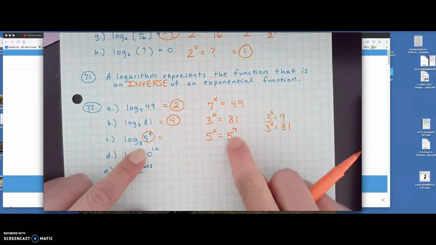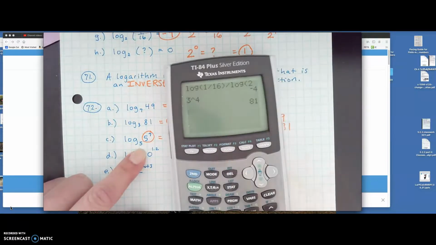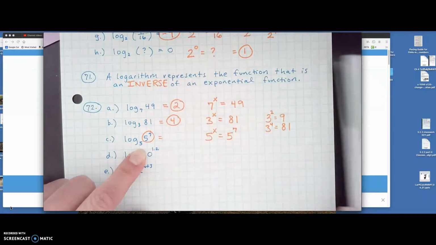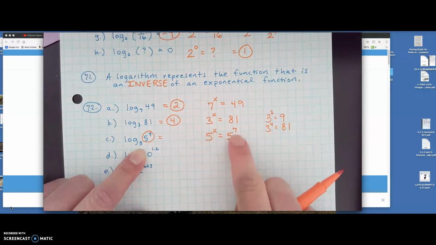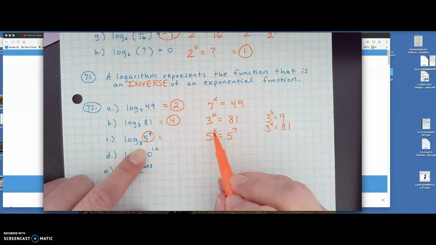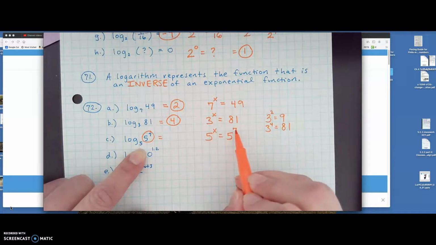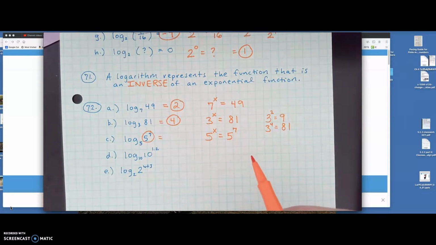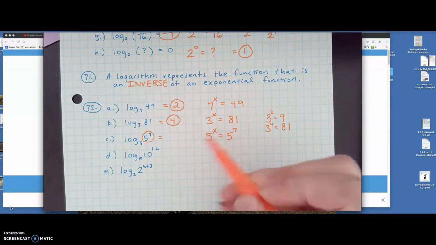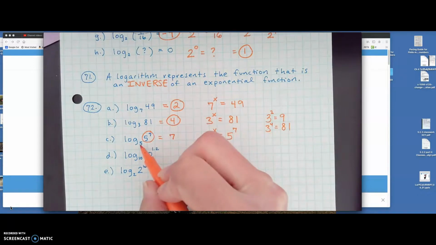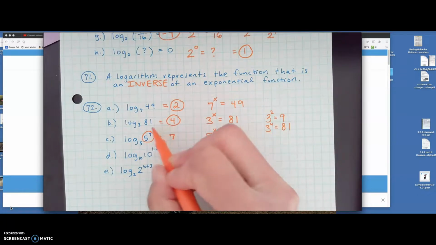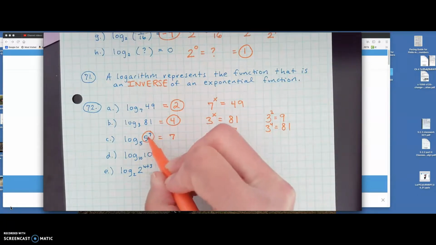Well, you could multiply this out, 5 to the 7th, but that would just be a very large number, and it would just be an extra step that you don't need to do, because if we're trying to make these two equations equal to each other, all we have to do is put a 7 in for the x, and then they will look identical. So it just means that the variable x was a 7. So 5 to the 7th power is going to equal 5 to the 7th power.